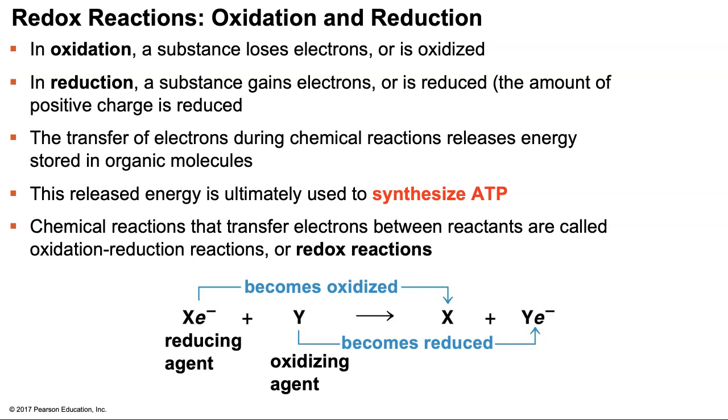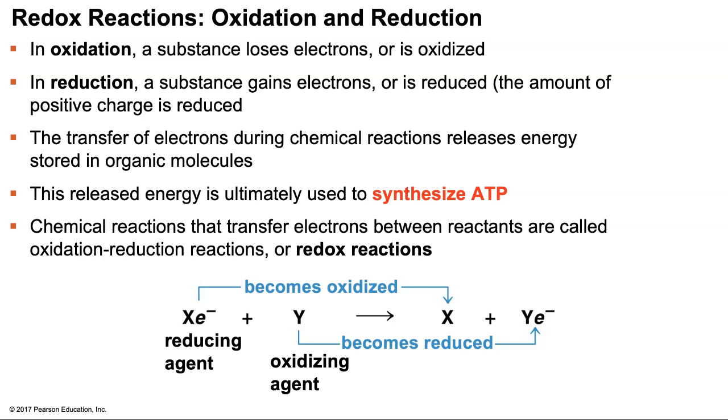Reduction is the opposite. If you reduce something, you're giving it electrons. That's simple. Also, just remember that electrons are charged with a negative charge. So if we're ripping electrons away and adding electrons, we're also altering the charges of these molecules. So just keep that in mind.